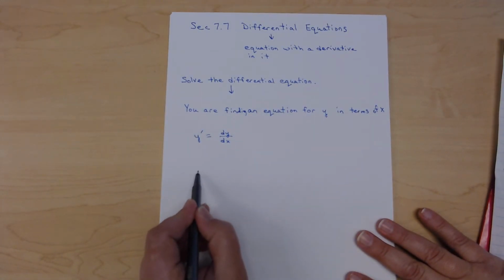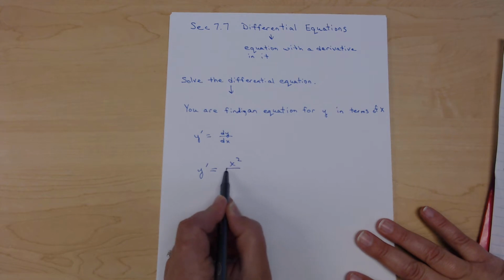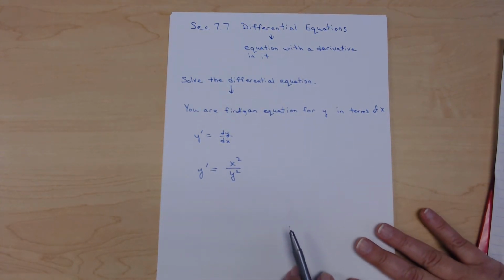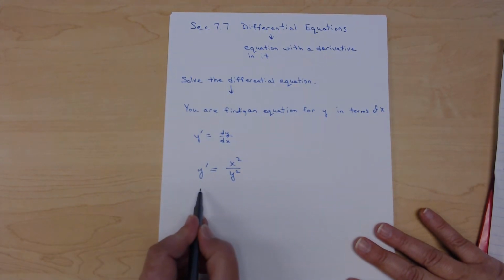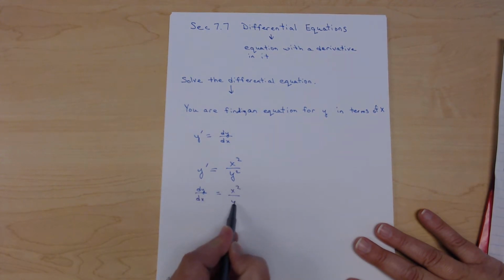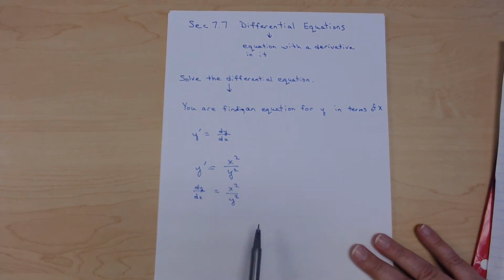All right, let's take a look at our first example. The first one says the derivative of y equals x squared over y squared. In this case, the very first thing we'll do is change this to dy dx, and it equals x squared over y squared. The goal is to get everything with y's on one side and everything with x's on the other.